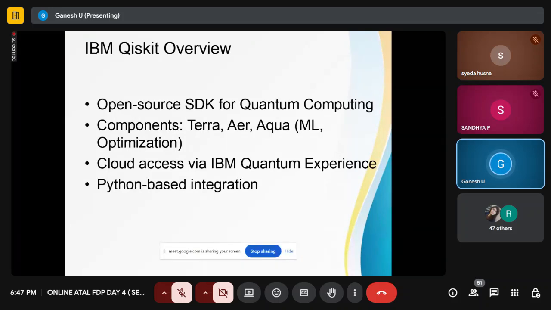The main job of Terra is the execution of quantum programs, quantum algorithms, quantum machine learning algorithms, any machine learning.